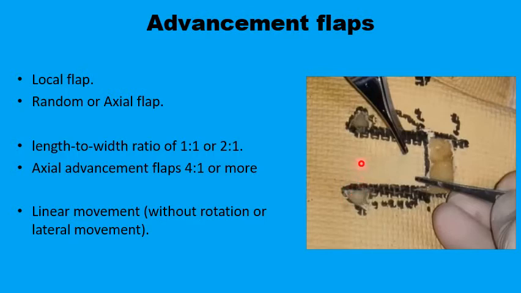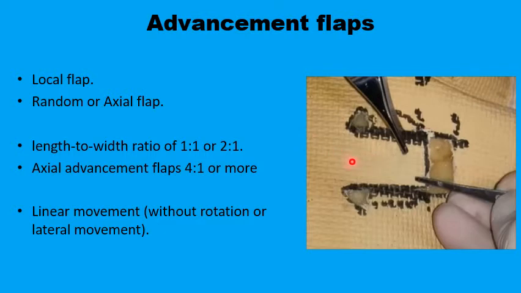If the flap is axial, that is, there are named cutaneous arteries supplying the skin of the flap, this ratio can extend up to 4:1 or even more, because you have the blood supply coming through the base through cutaneous arteries.